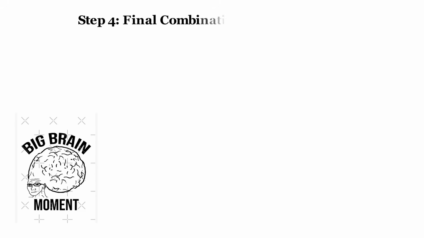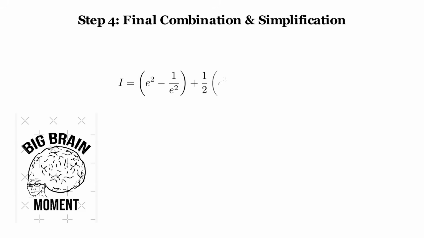Now let us bring both parts back together to find the final answer. So I is equal to e square minus 1 by e square plus half of e cube minus 1 by e cube minus e square plus 1 by e square. So combining the like terms for e square and 1 by e square, we get e square minus 1 by e square is equal to half e square, and minus 1 by e square plus half of 1 by e square is equal to minus half of 1 by e square.